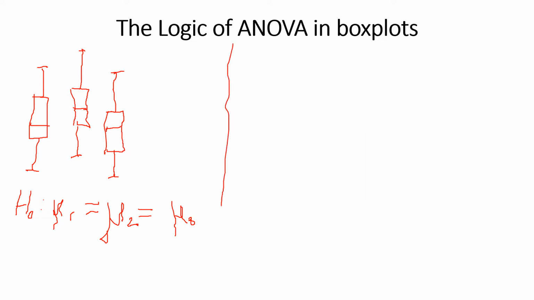Okay, on this side over here, if we use box plots to illustrate this concept, I'm going to draw us a case in which we have three samples that are less likely to have all come from the same population.